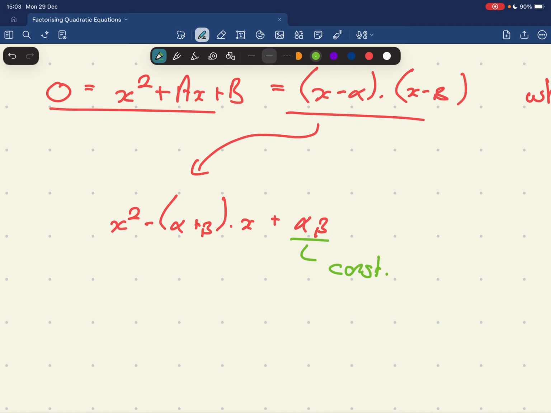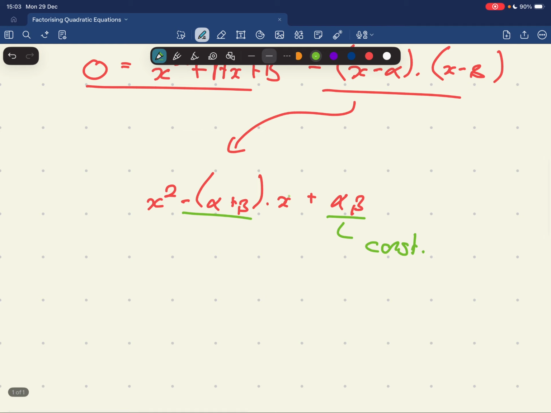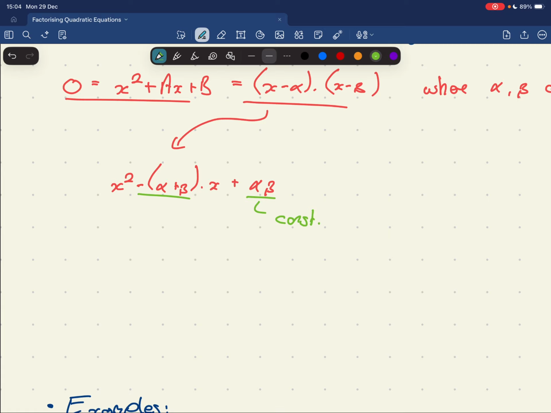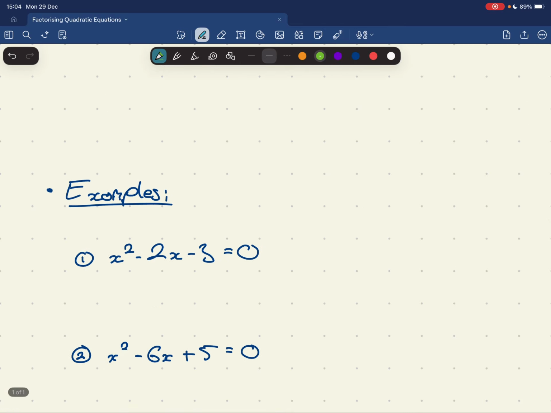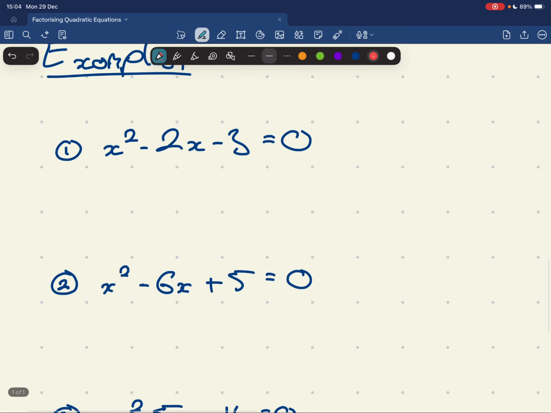The constant term is going to be the multiplication of the roots, alpha and beta. And the coefficient of the linear term, which is the coefficient of the x term, is going to be minus 1 times the addition of the roots. So let's now do a few examples, and I think it's going to be more clear once we've done the examples.